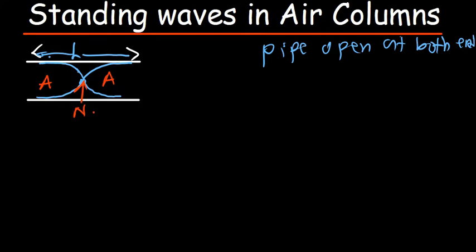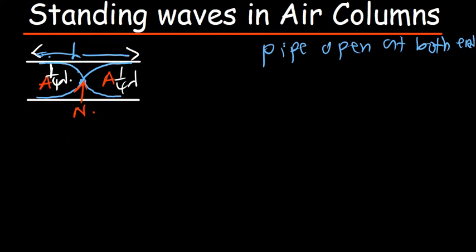Okay, so now what we need to understand is that if I add this part here and that part together, they will make a half wavelength like that. So in this case, if the pipe is open at both ends, this part is a quarter, 1/4 of a wavelength, and even that one is 1/4 of a wavelength, meaning that this length is the addition.